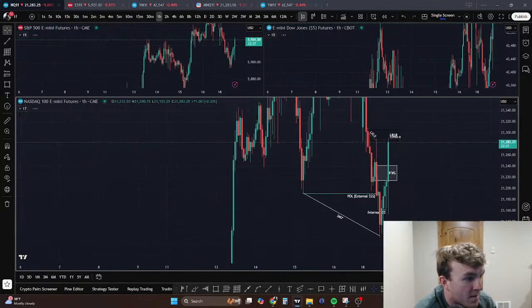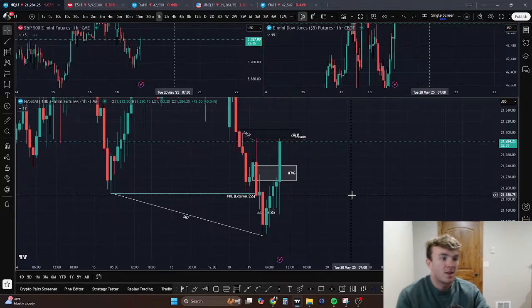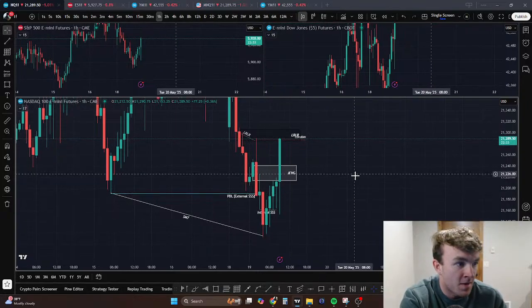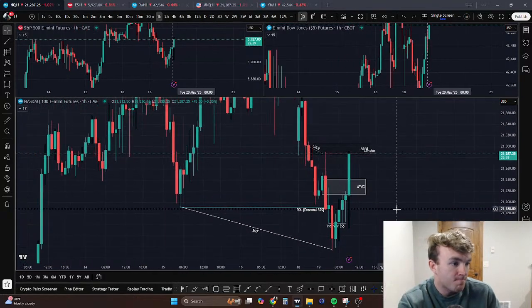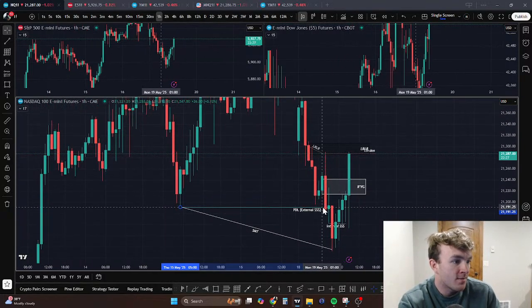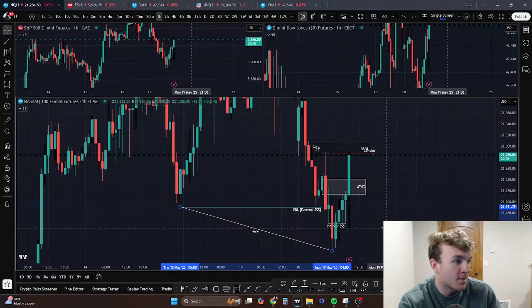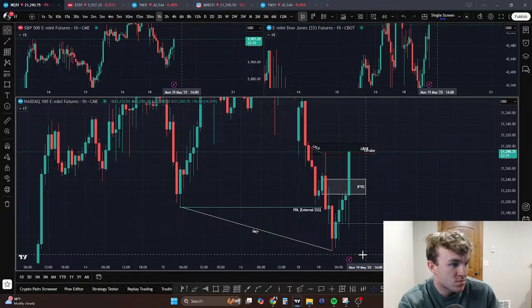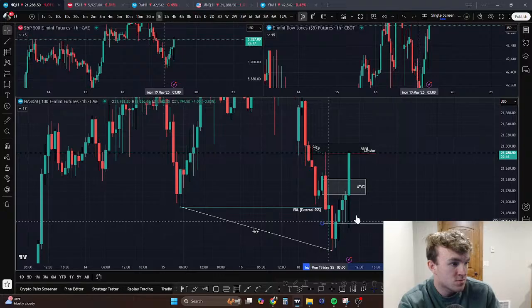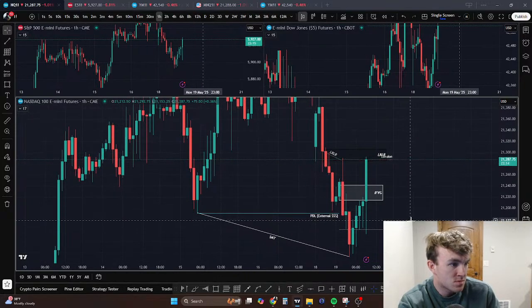It looks like we might. It actually really does look like we might. So we're about to inverse this gap here on the hourly. This one.